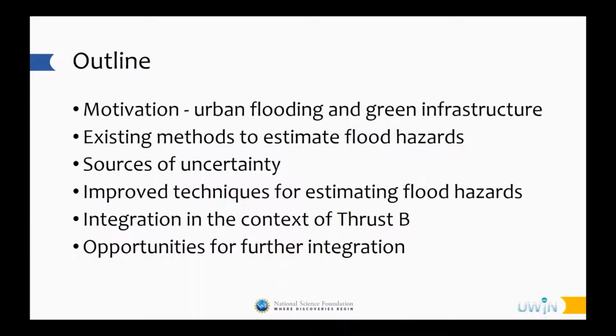So here's a quick outline of what we're going to talk about today. We're going to start out with why we care about this topic and look at the status quo of current techniques for estimating flood hazards. Then we're going to delve into some of the limitations and perhaps shortcomings of those approaches and various sources of uncertainty that we're trying to advance the science a little bit in terms of being able to incorporate those into our flood hazard analysis.